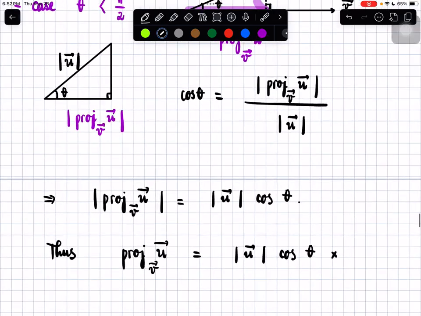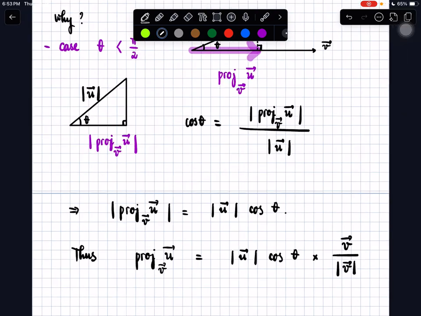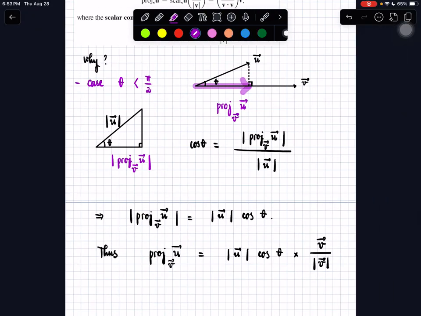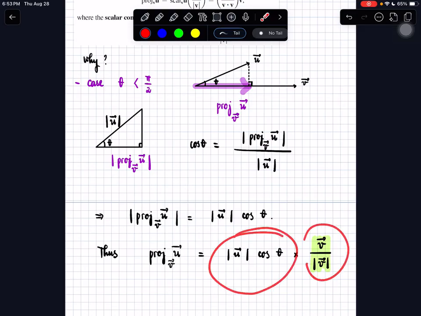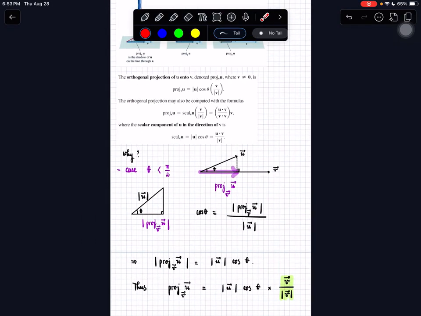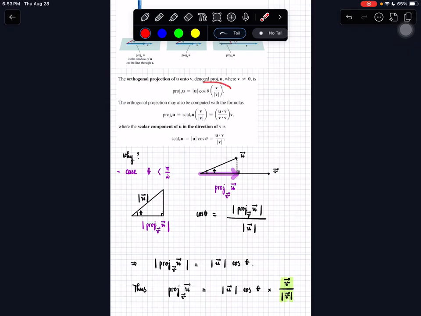And that one is vector v divided by its length. This vector here is the unit vector with the same direction as v, and this one is the length of the projection. So this is a scalar times the unit vector.